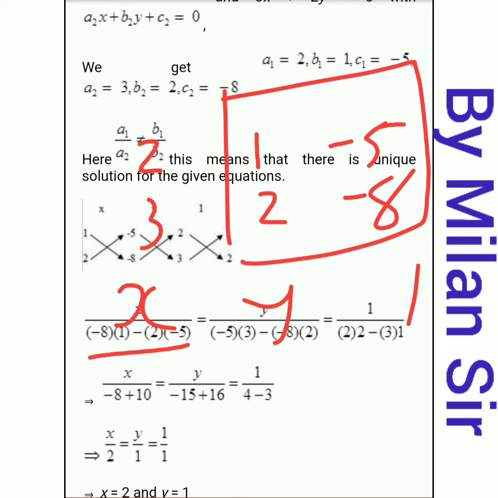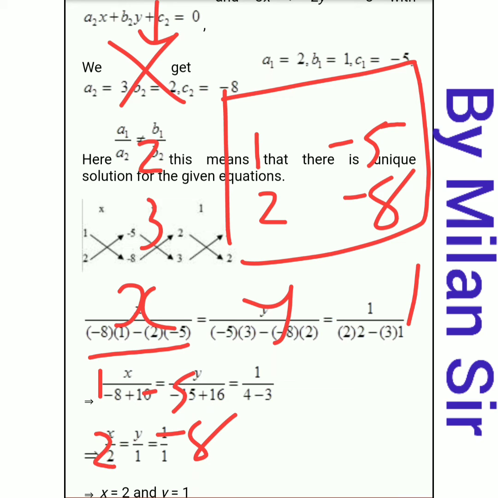In the first position, that means in x, we do not need to write this first line, just write down line number 2 and 3, that means write down here 1, 2 and minus 5, minus 8.